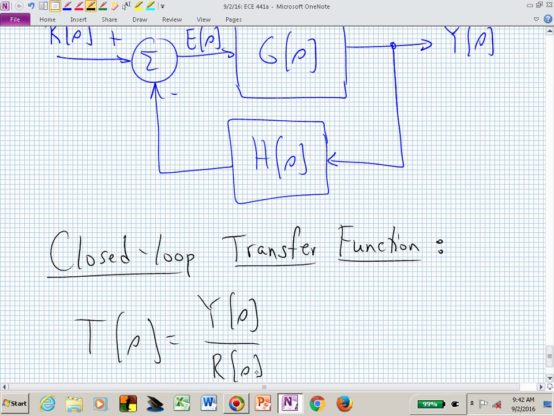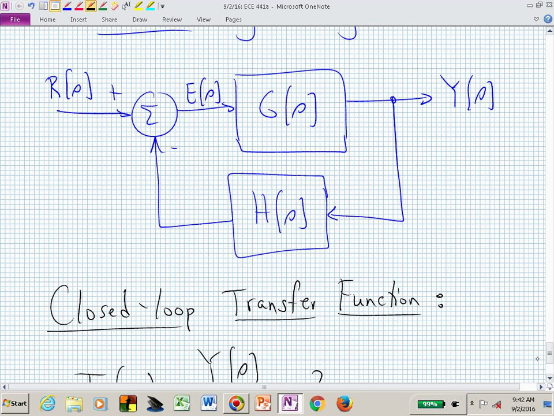Our closed loop transfer function, T of S, is now the ratio of our output to the input, Y over R. And it's not just G. It's some interconnected expression involving G and H to find T. What was one strategy that I had mentioned that might be helpful in deriving relationships for block diagrams or doing block diagram algebra?